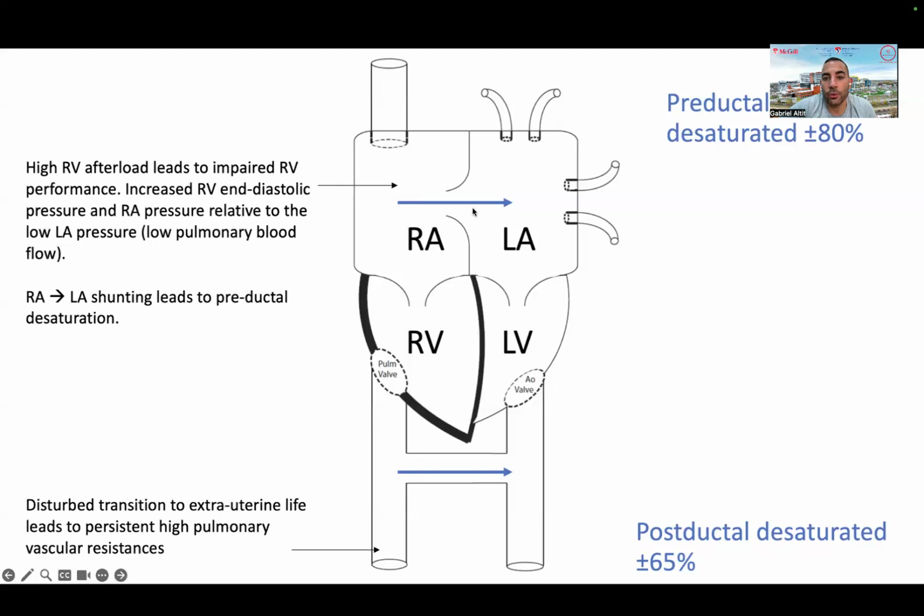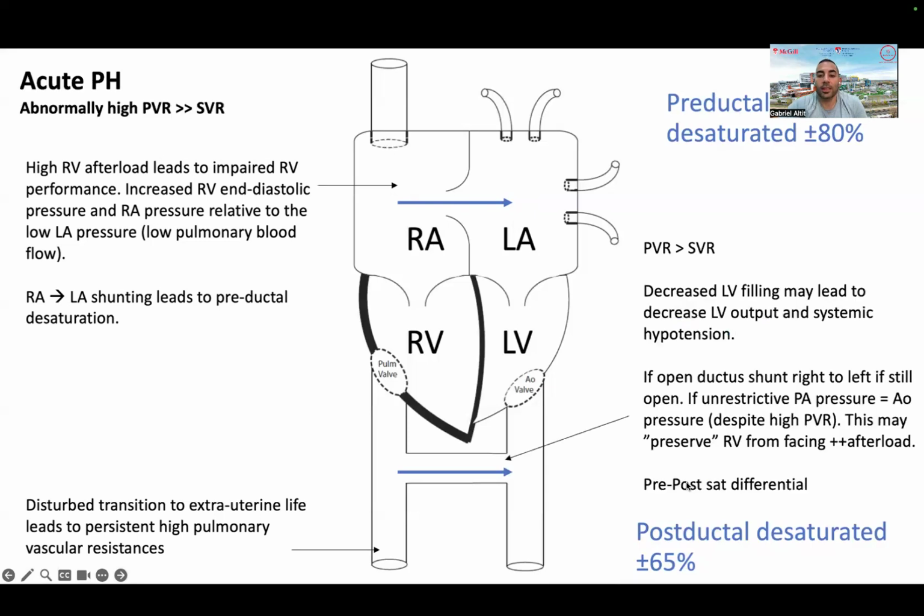You get a volume of deoxygenated blood introducing hypoxic blood into the left atrium and into the systemic circulation. This leads to a desaturated preductal limb. And eventually, this right to left shunt at the PDA level will also lead to a postductal desaturation with a differential of saturation. And this is often because you must have a PDA, and if it's unrestricted, you may get a high volume shunt creating this desaturation.